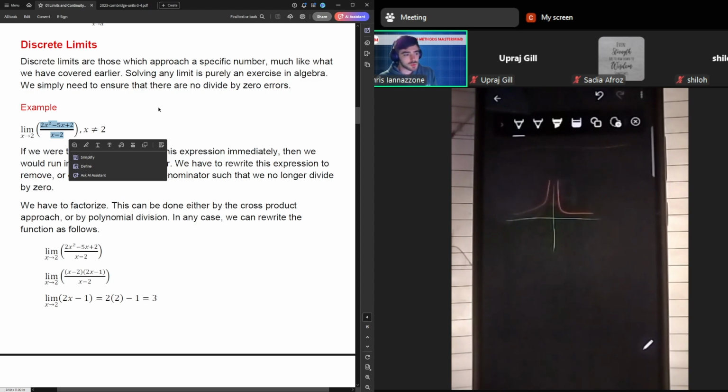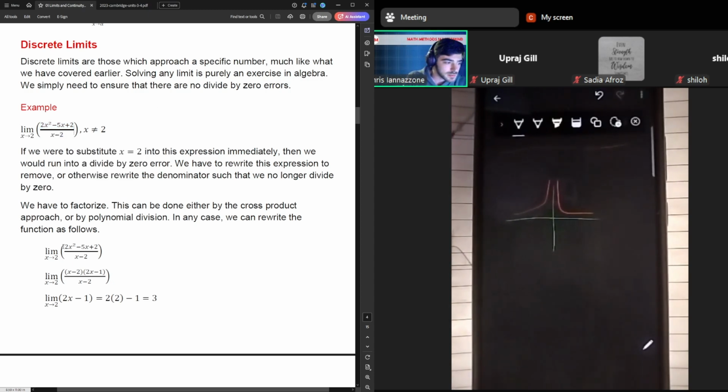However, if we do a bit of rearranging, specifically the vast majority of what you will do will be to factorize the numerator. If you factorize the numerator, you'll see that x minus 2 can cancel out as a common factor. And when you do that, what you've essentially done is what's called a removable discontinuity. It was discontinuous at x equals 2, and you've, quote, removed it through factorization.